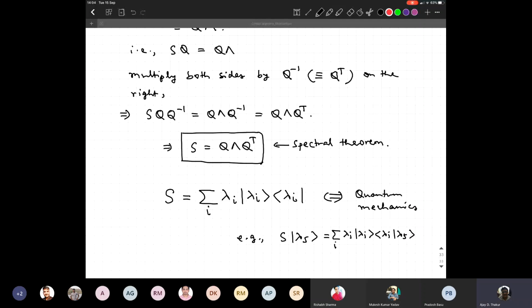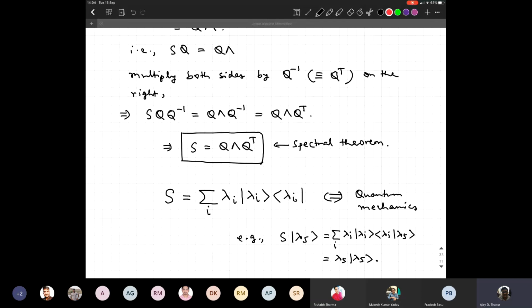We know that this is going to be 1 only for i equal to 5 if they are orthonormal kets. So what it does is simply project out the eigenvalue. This is the particular form in which we would like to reduce our Hamiltonians for the problems.